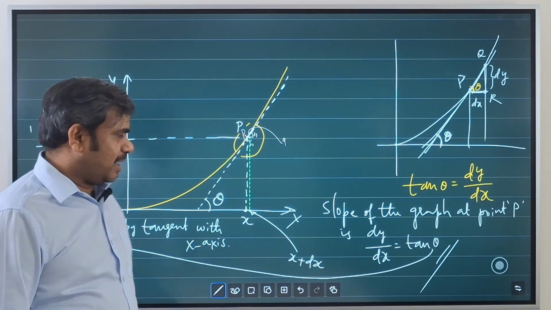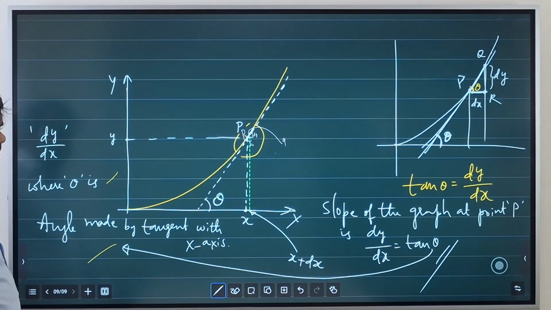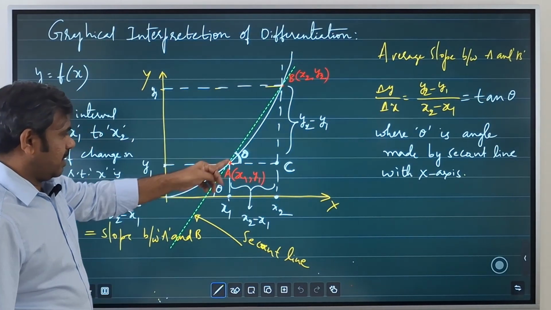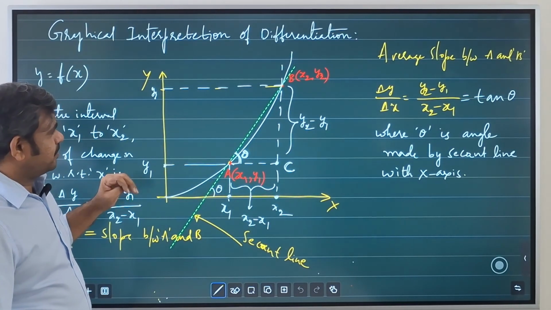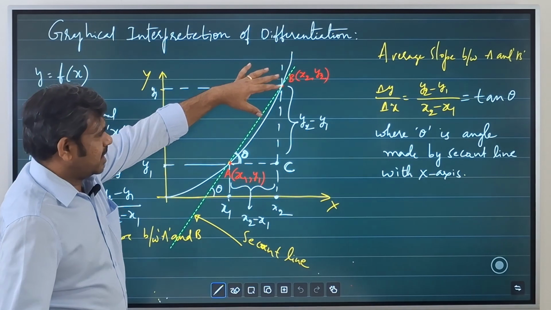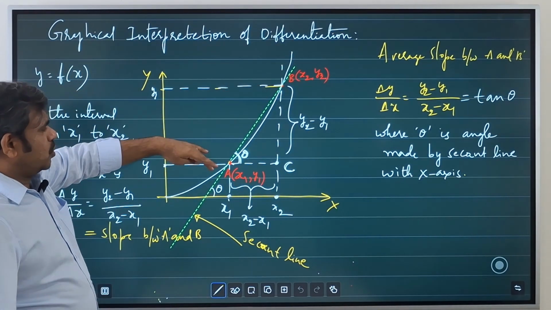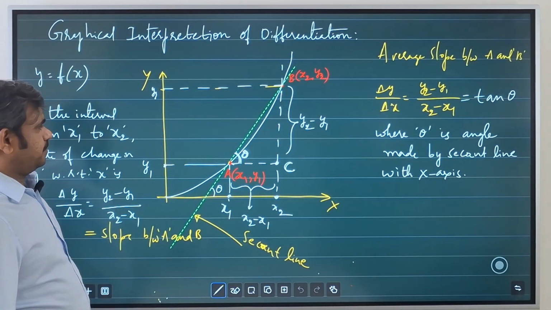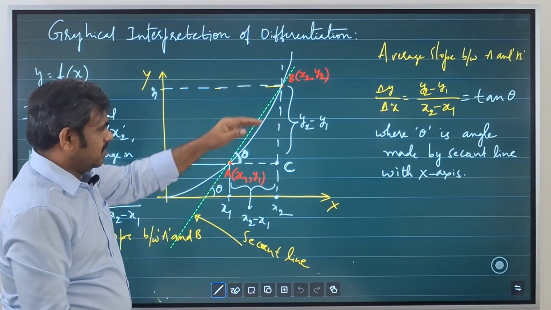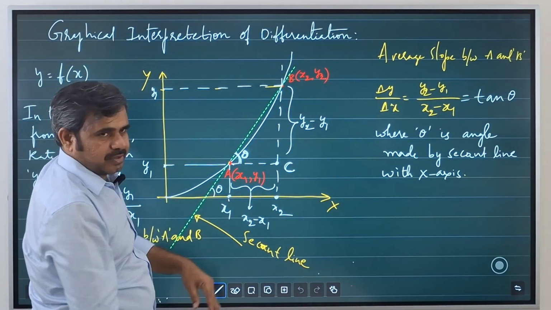Look at the secant line drawn in the previous graph. Look at this green dotted straight line. This is the secant line because this straight line passes through 2 points on the curve. But as the 2 points come very close to each other, this difference decreases.